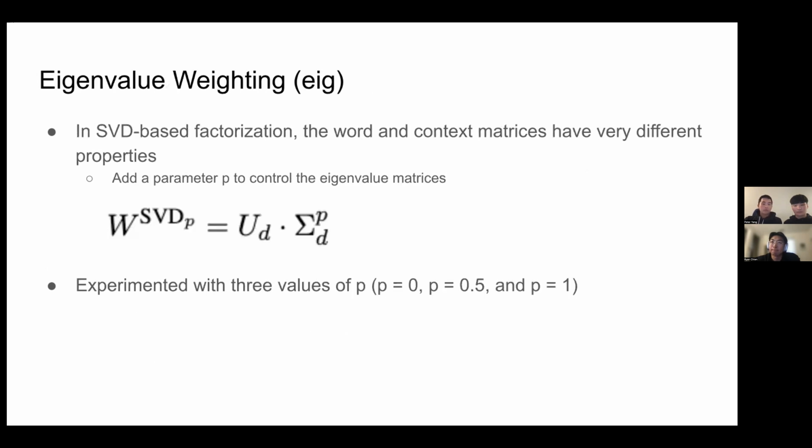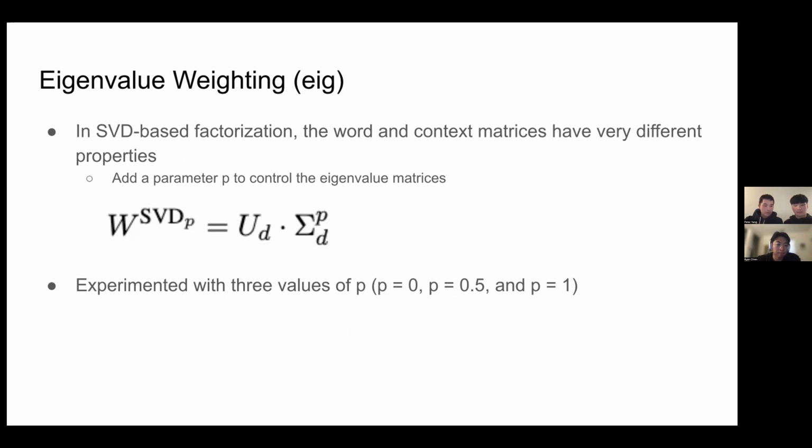Then we have eigenvalue weighting. In SVD-based factorization, the word and context matrices have very different properties. The context matrix is orthogonal and the word matrix is not. So factorization is needed to make them more symmetric. And in addition to the symmetric approach, the variant added a parameter P to control the eigenvalue matrices, just as below.